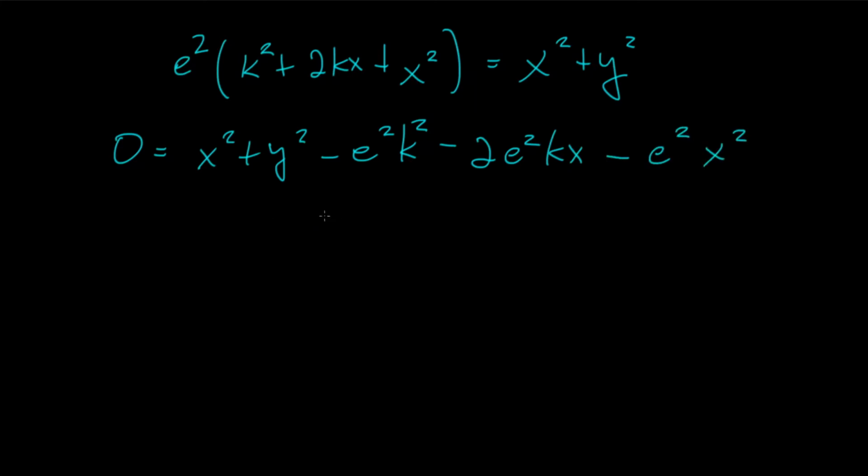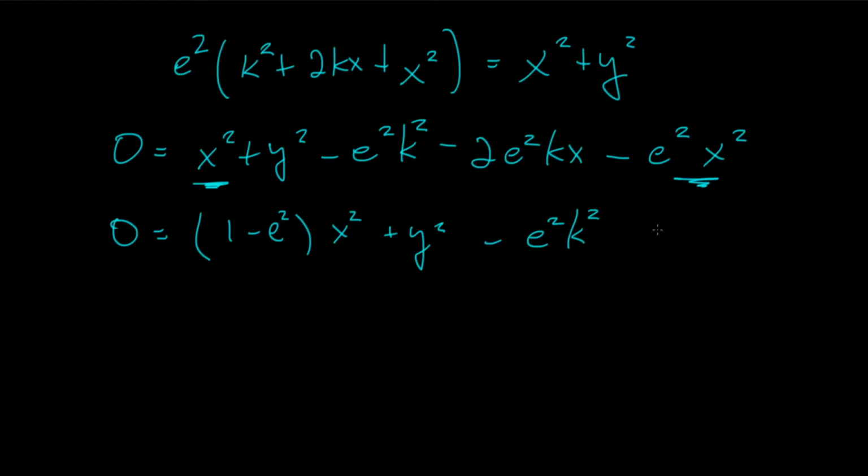Cool. All right, let's combine those x squared terms. So I'm going to factor out an x squared from all the x squared terms. That's right here and right here. So I'm going to get 1 minus e squared. And then I'm going to look at my y squared terms, just y squared. And then I have a minus e squared k squared, and I have a minus 2e squared kx.